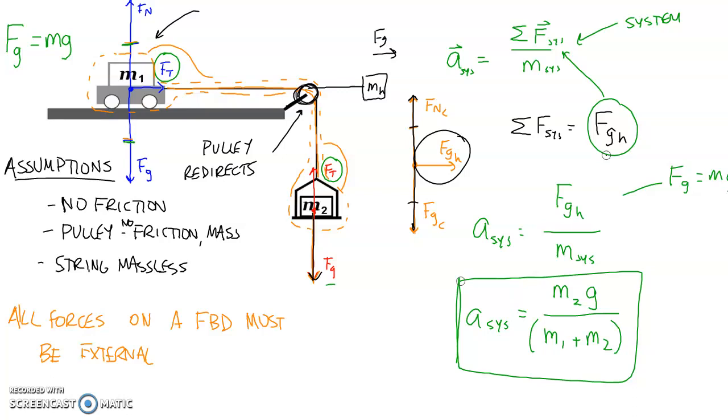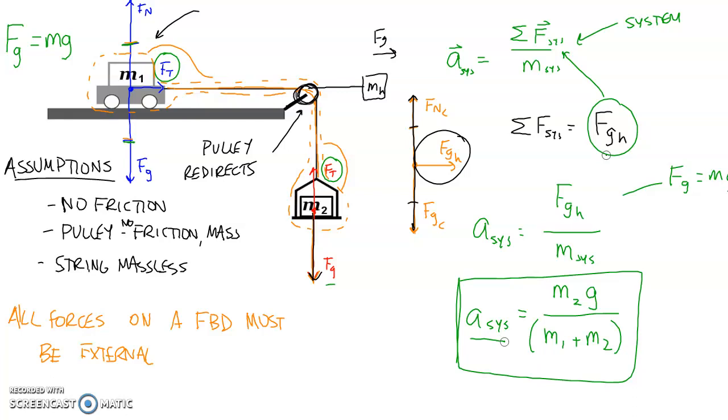Once you get this though, a lot of times they follow up and say, all right, well now what is the tension? Because we just got the acceleration, but now they want to know the tension. So the way that we find the tension once we get the acceleration is we plug it back into Newton's second law, and we find out what the net force is going to be.